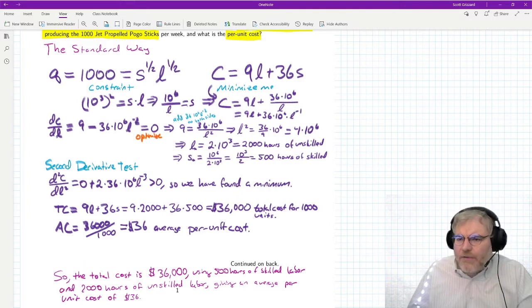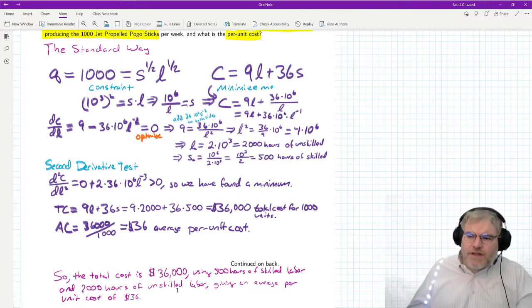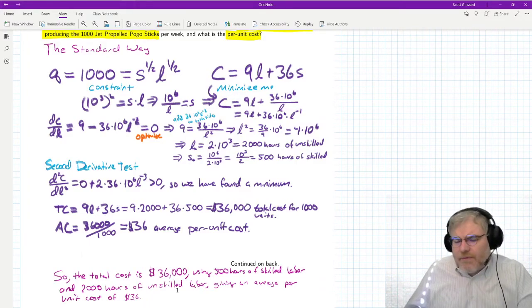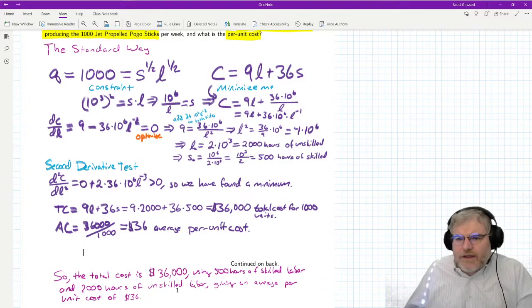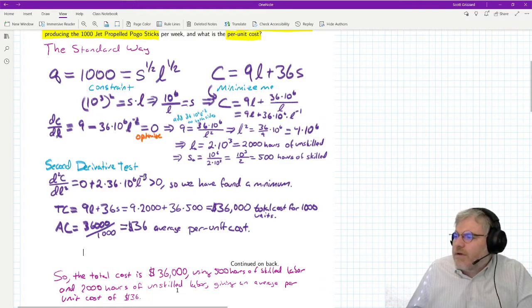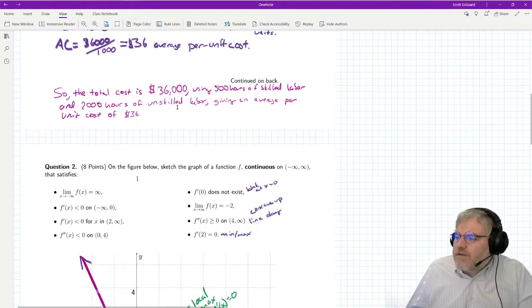I'll be happy to go over it in office hours. Remember the test review today at 5 p.m. I will be happy to go over optimization problems until the cows come home. I know they're a little confusing, and they're tough problems. Like the related rates, they're tough problems. So we will talk about them.